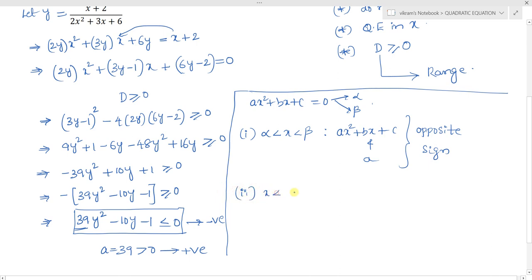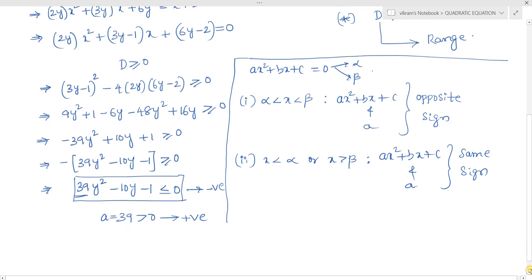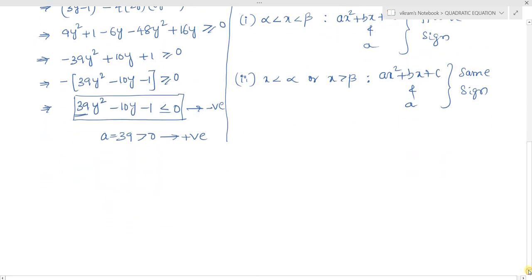If x is less than alpha or x is greater than beta, the expression ax square plus bx plus c and the coefficient of x square have the same sign. Now this is the concept. Can we express the given expression in terms of the factors alpha and beta?